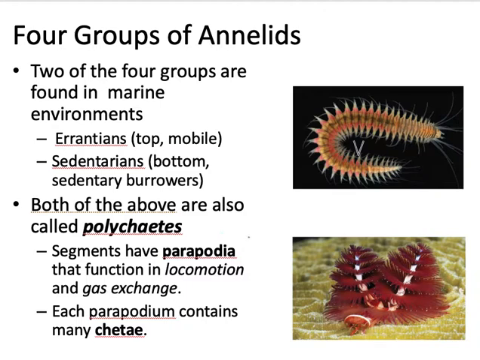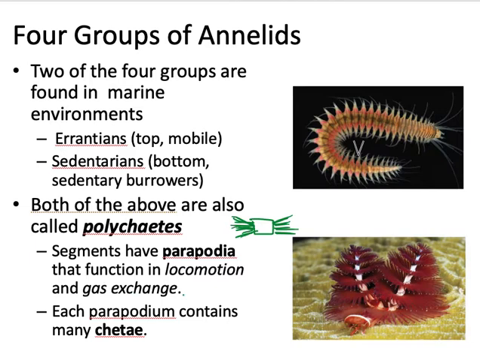Polychaetes means that in a single segment, they have a lot of chaetae. So they look fuzzy or furry or just plain scary, as you'll see here. We've got 2 types of polychaetes. The Errantians are much more fast or mobile, and the Sedentarians tend to be bottom dwellers or live in marine sediments, and you can see all of those chaetae attached to the body of that worm.